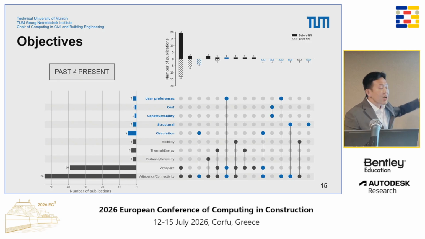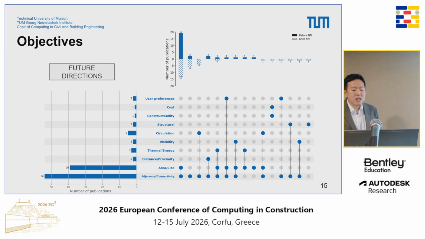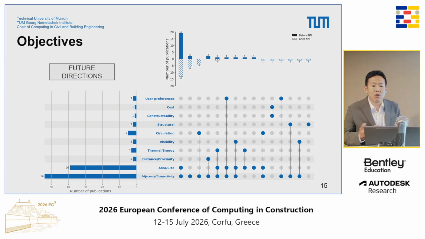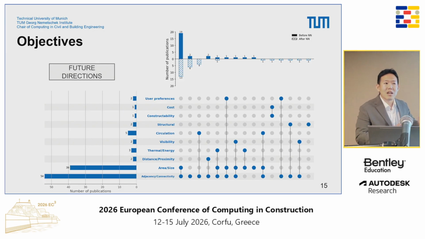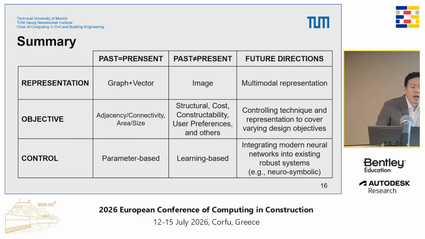So the objectives have also been diversified as time goes, especially with the emergence of neural networks. So I believe the next step forward is having representation and control techniques that can cover these diverse objectives, which are also increasing as we require more things in design, like carbon emission and a lot of values that are emerging.